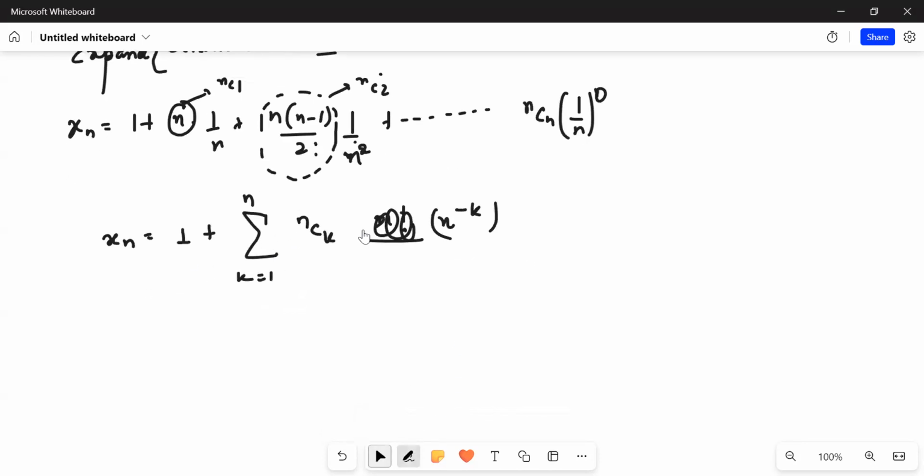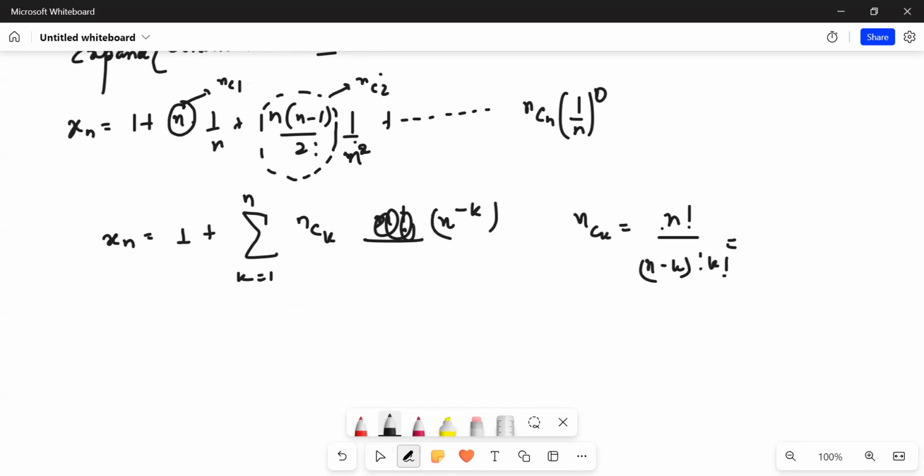Now, you know that this nCk can be written as n factorial upon n minus k factorial times k factorial, and this n minus k factorial cancels.